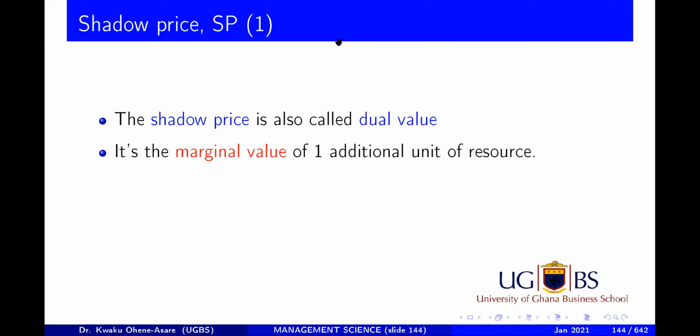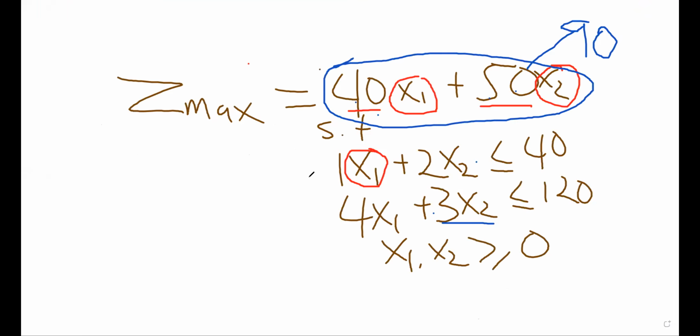But let me make it very simple, in simple managerial language. The shadow price tells you by how much the objective function value will change if there is a 1 unit change in the right-hand side of the constraint. I'm going to use the equations that we have here. This is the labor constraint, and this is the milk constraint.